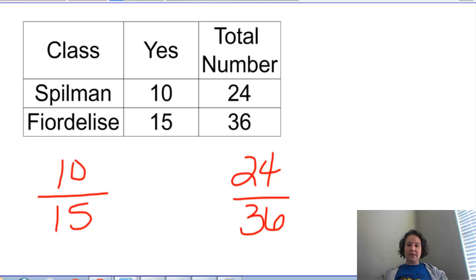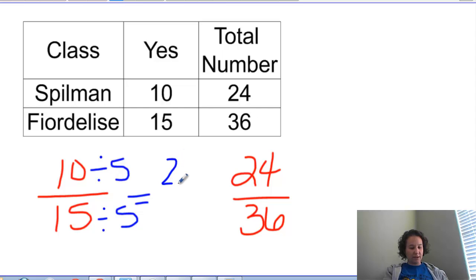So the second method is to simplify both ratios and see if you get the same simplified ratio. I notice that 10 and 15 can both be divided by 5. So if I divide 10 by 5, I get 2, and if I divide 15 by 5, I get 3. So that simplifies to 2/3. And same thing here.